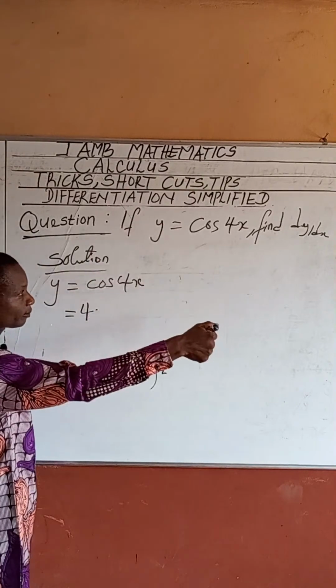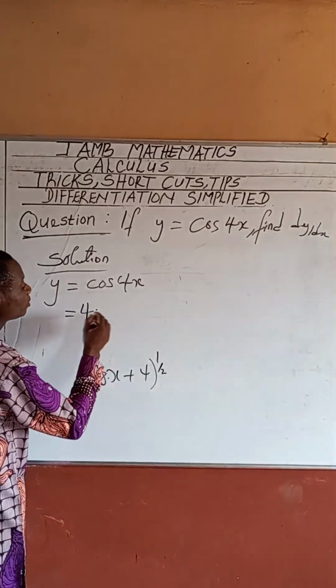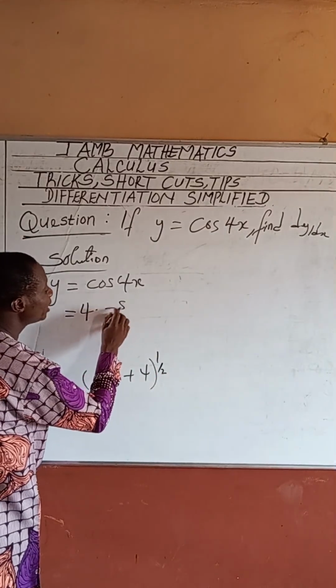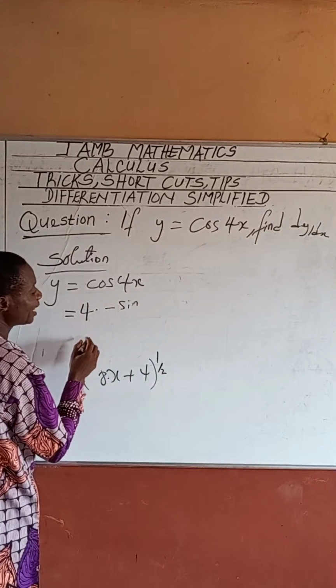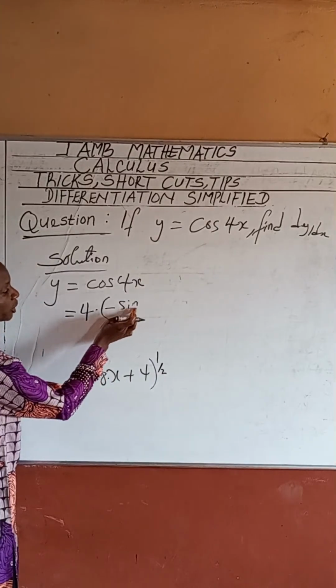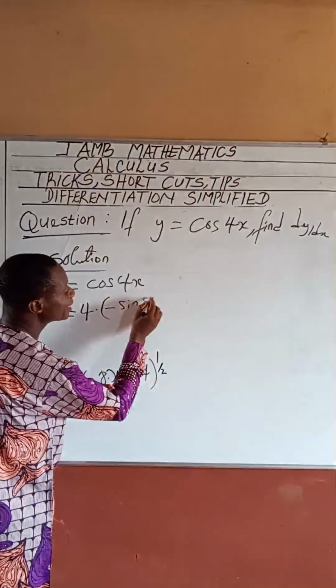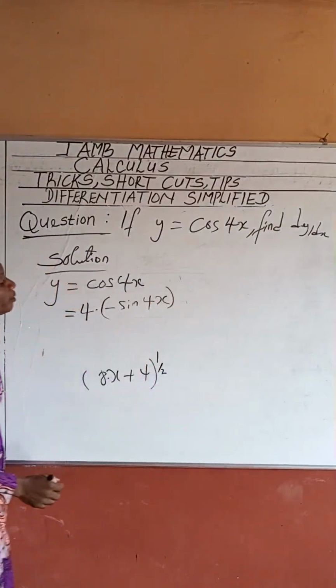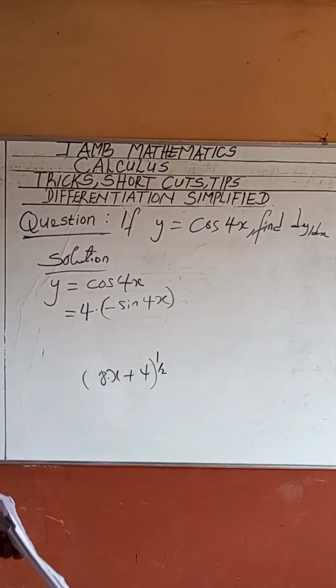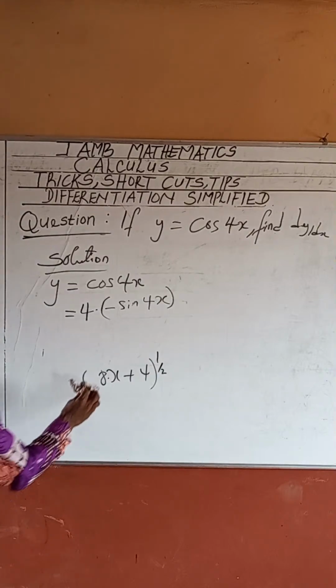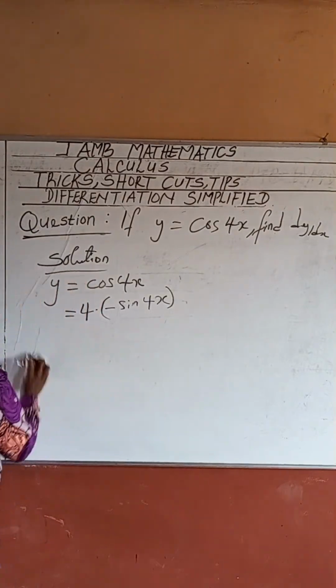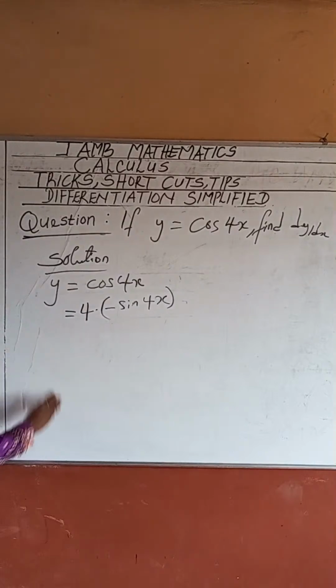Then change cosine to sine. There's going to be minus, so it's going to be minus sine. Then bring in the 4x again. Close it. You have finished the work. That is the shortest way to do it. No chain rule. We have passed chain rule.